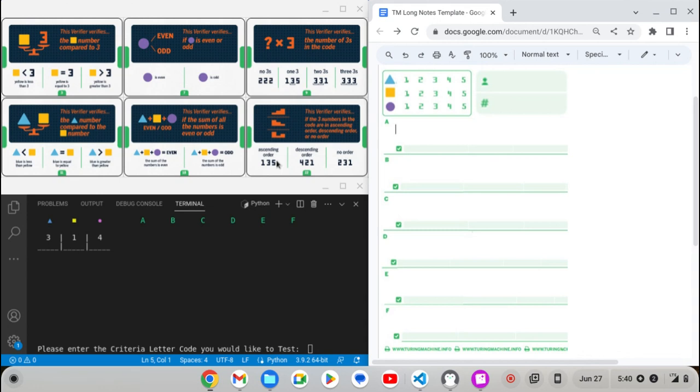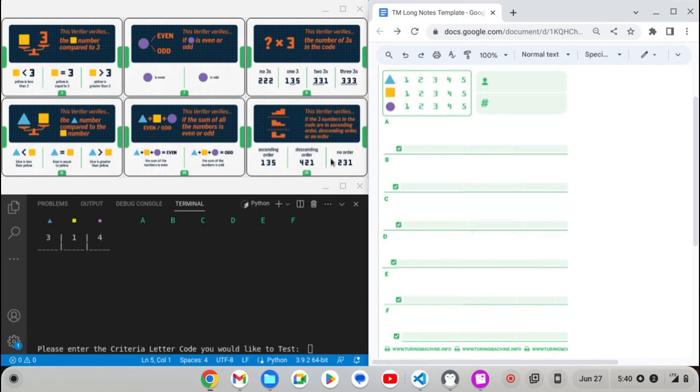So should the numbers be in an ascending order, meaning that they're increasing, as in the example 135, or are they decreasing, or basically descending, in descending order, as in the example 421, or perhaps they have no order, such as the example 231.